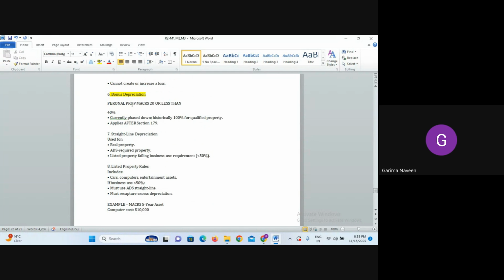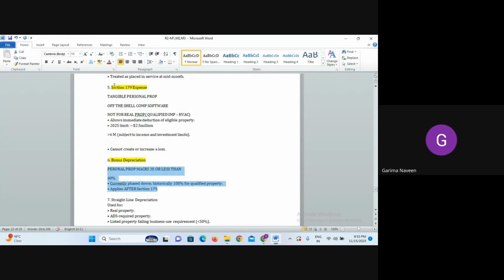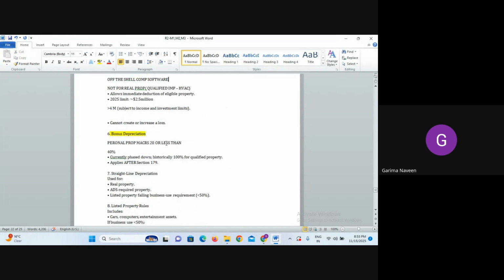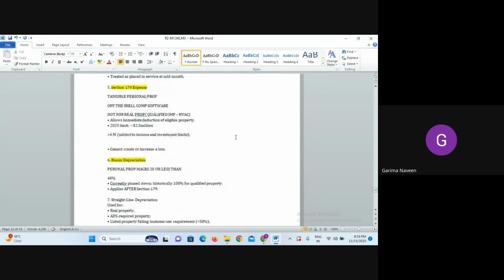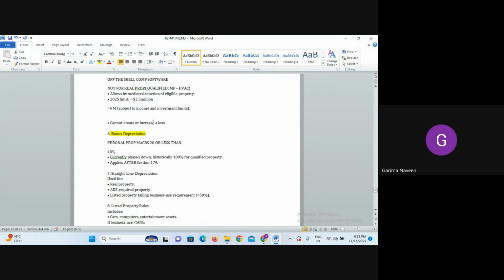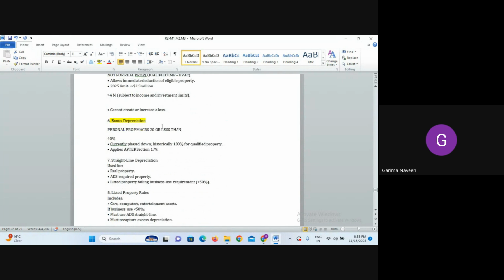Please remember, bonus depreciation is also applicable only for the first year, and is taken after you deduct 179 expenses. So if you choose to have section 179 expense as well as bonus depreciation, first of all you should deduct your 179 expense, then go for bonus depreciation.